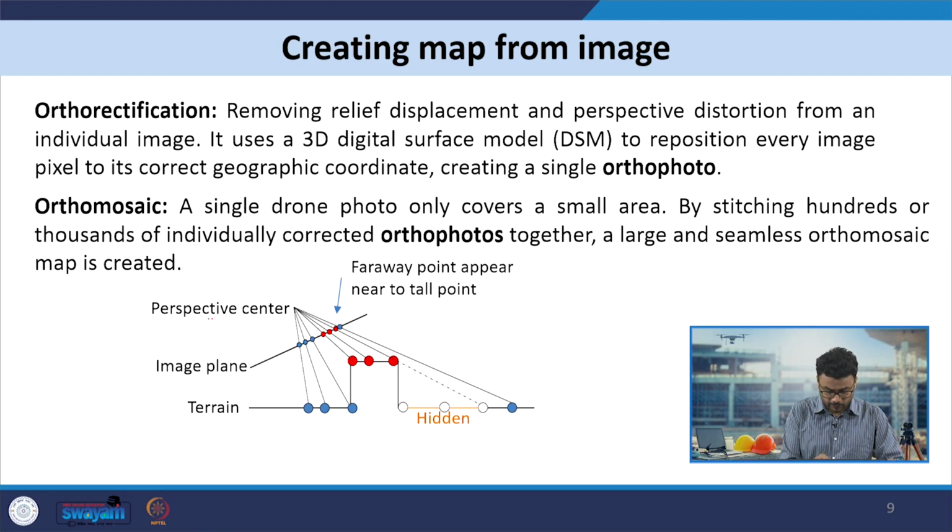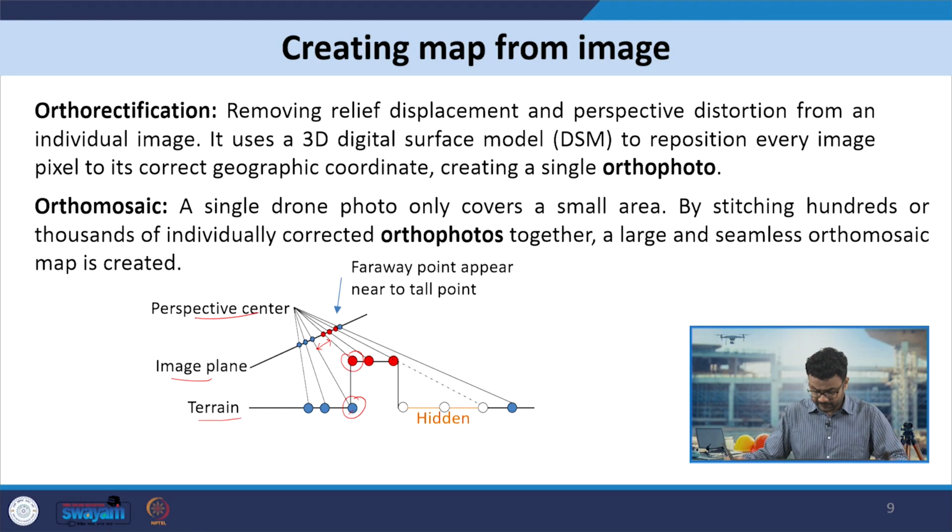Again, the image is acquired from the perspective center. We have terrain, we have several points on the terrain shown in blue color, and we have a building on top of the terrain which is shown in red color. This terrain is imaged in the image plane. First of all, we can see relief displacement. For example, this blue point and this red point are on top of each other, but in the image they appear displaced with respect to each other.